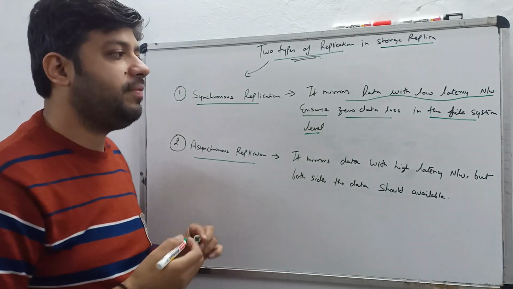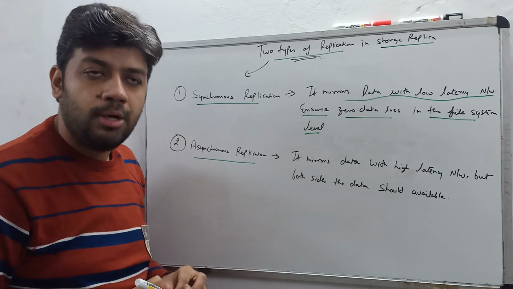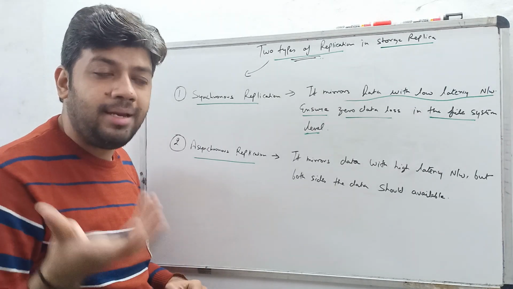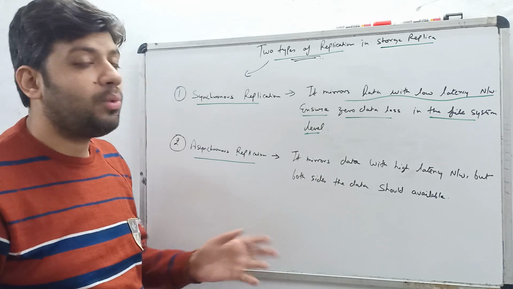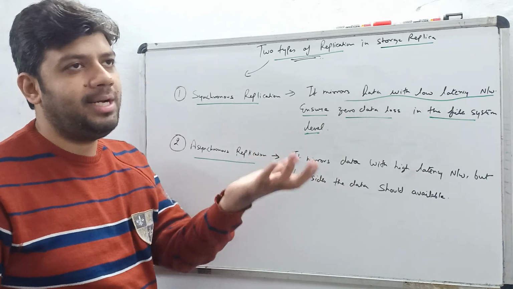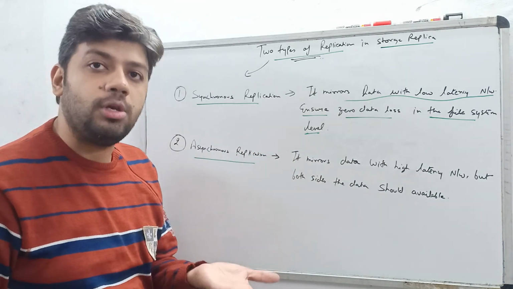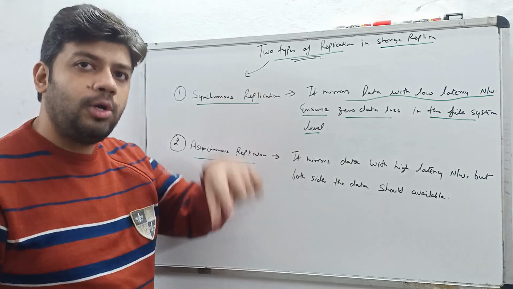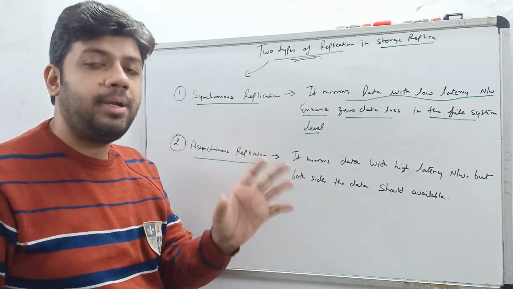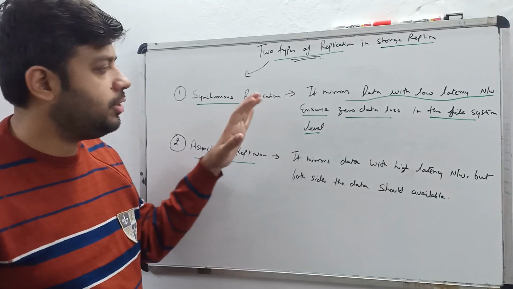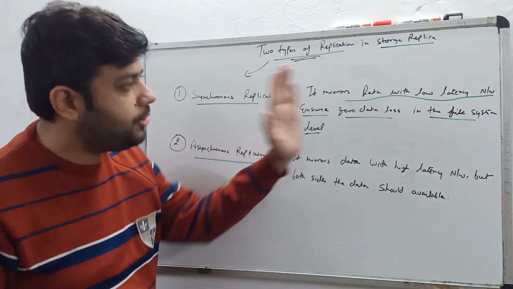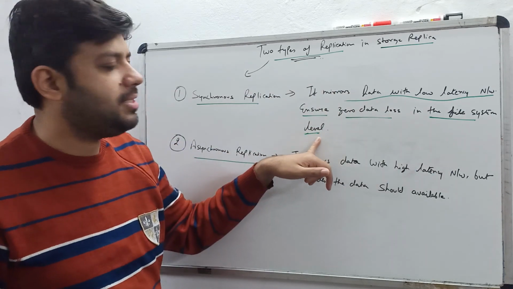Imagine that any data or file is corrupted in a particular volume in a data center. Say in one data center I have 5 volumes, and one volume or drive is corrupted. In that case we can use synchronous replication. Synchronous replication mirrors your data at the file system level.